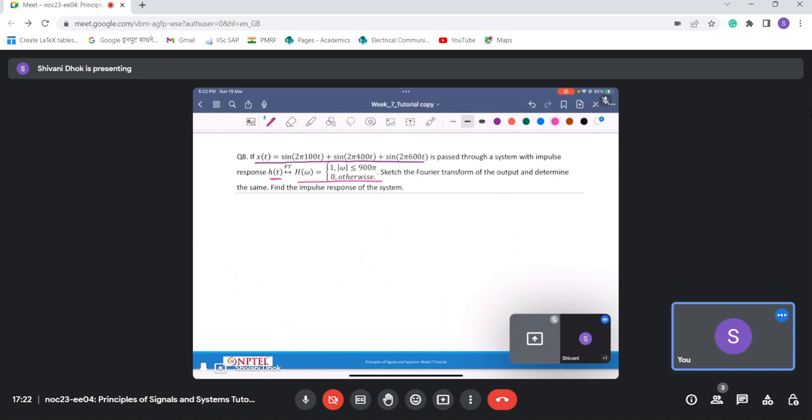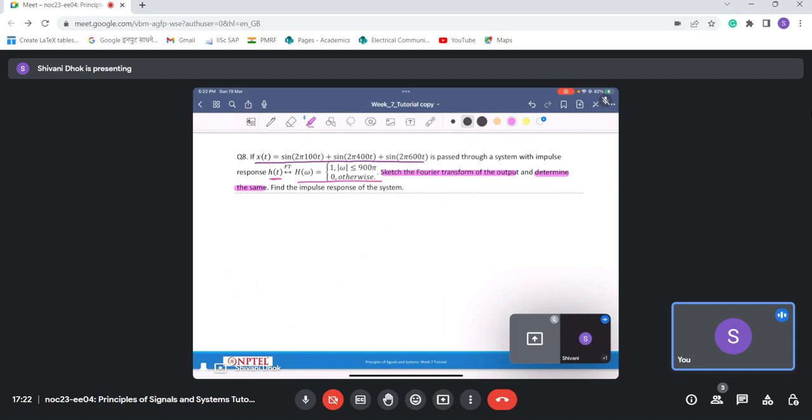What we have to do is sketch the Fourier transform of the output, determine the output, and also find the impulse response of this system.